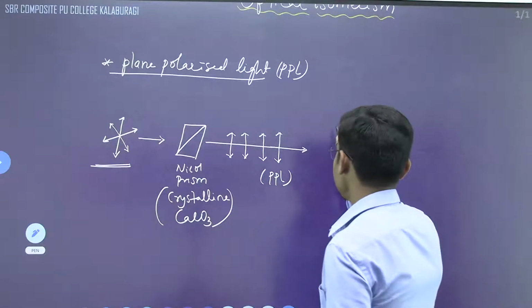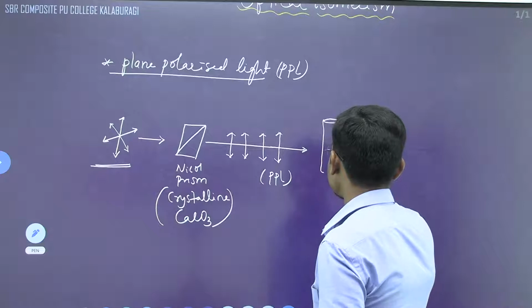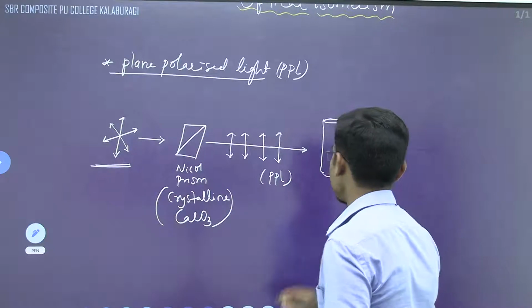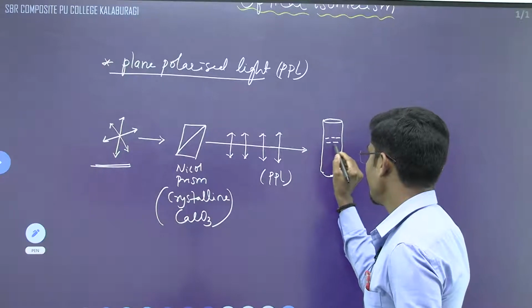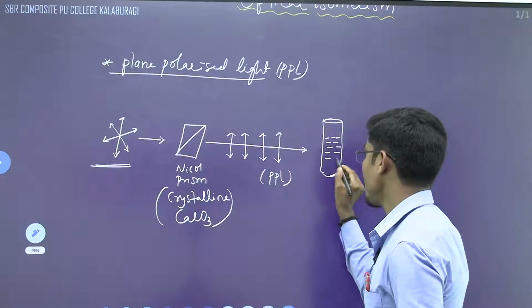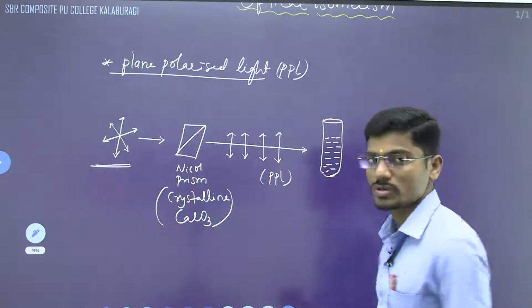Look at this. If a solution of an organic compound is taken in a test tube or any other tube, and plane polarized light is passed through this solution, then we can observe three possibilities.